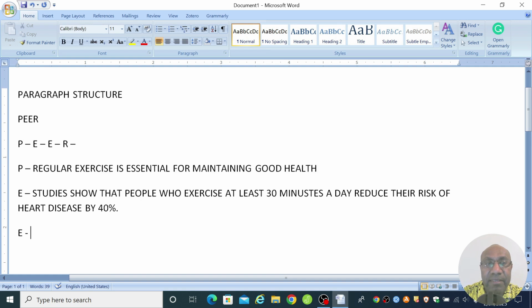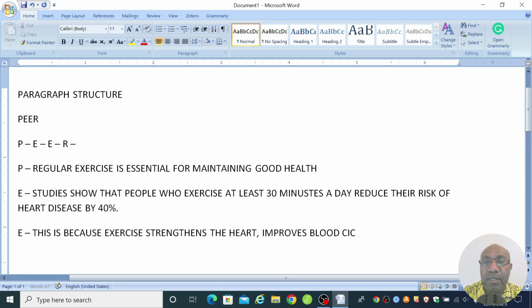So you could say something like, this is because exercise strengthens the heart, improves blood circulation, and lowers bad cholesterol.